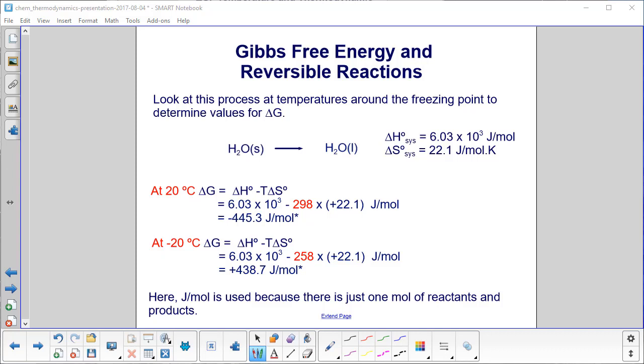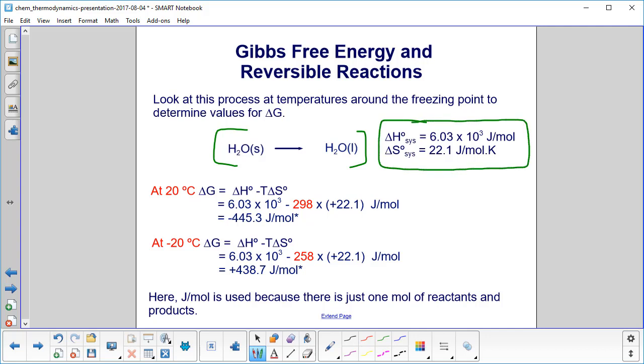Let's determine values for delta G around the freezing point so we can relate the Gibbs free energy to reversible reactions. Here's our ice melting to water. Here's our delta H naught for the system and delta S naught. Here's our equation for the change in Gibbs free energy. And we go ahead and plug the numbers in here. Nothing too terribly exciting here.